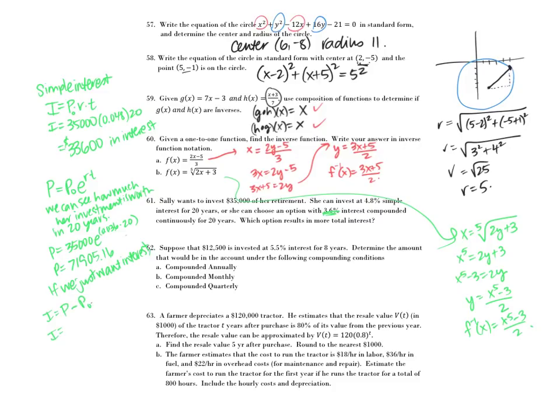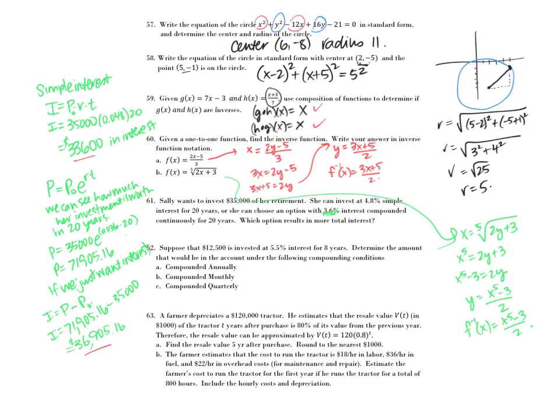So the interest is going to be $71,905.16 minus the original $35,000. And for that, we get $36,905.16.